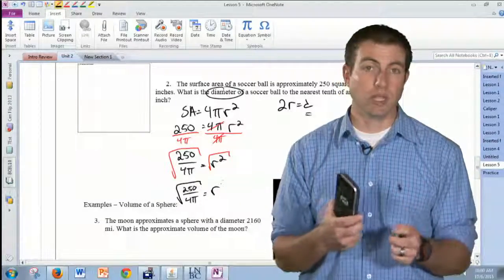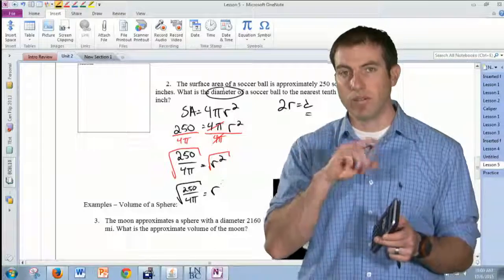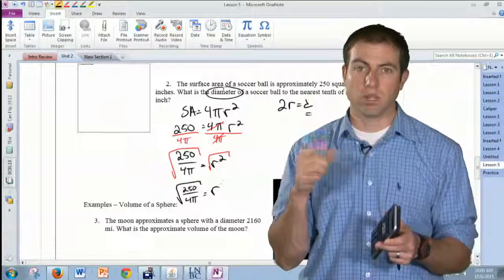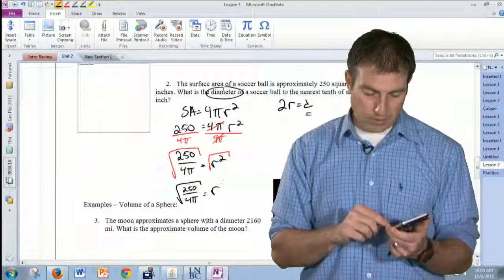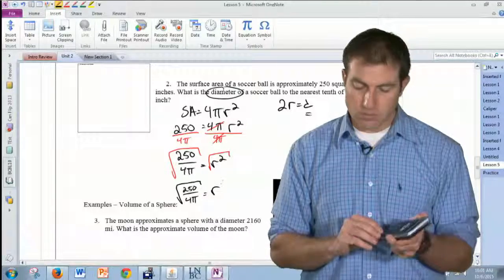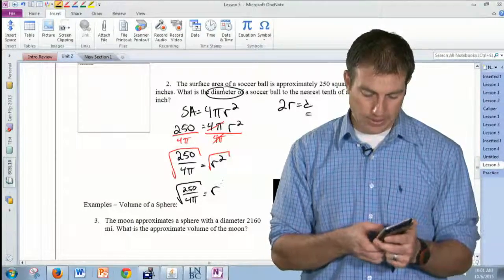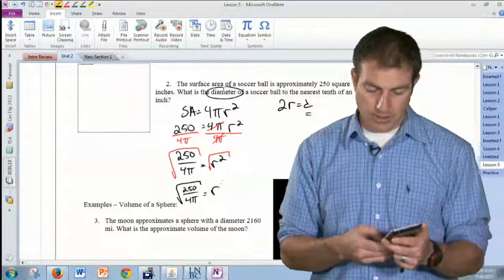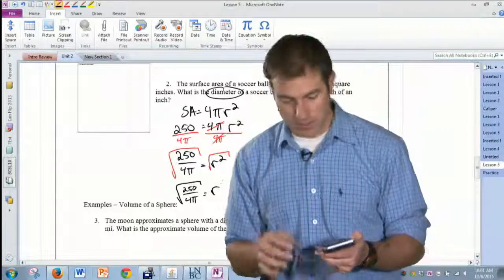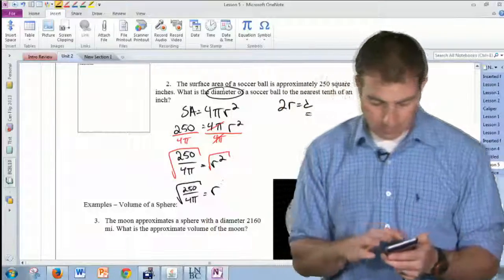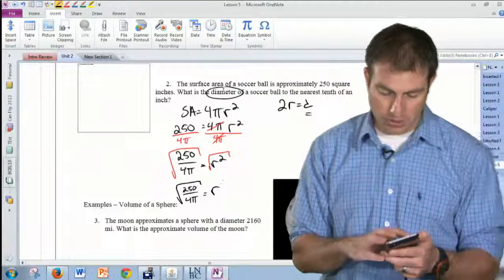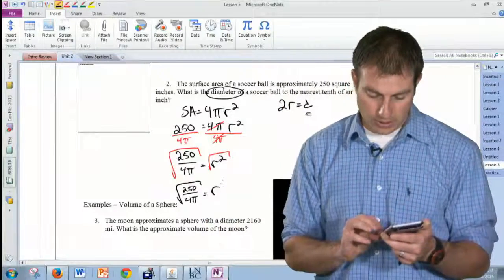So what I'm going to do is figure out everything under the radical, or the square root sign. I'm going to go 250 divided by 4, and then hit equals. And then I'm going to divide it by pi. And then I'm going to end up with 19.89. Once I get there, I'm going to take the square root of that.